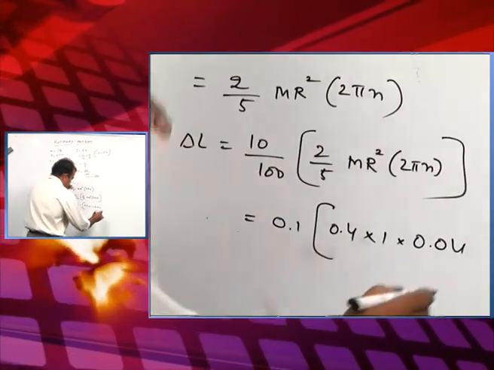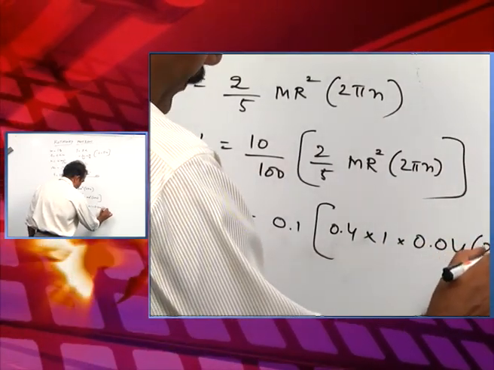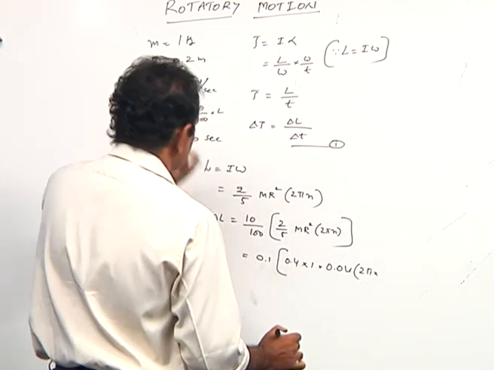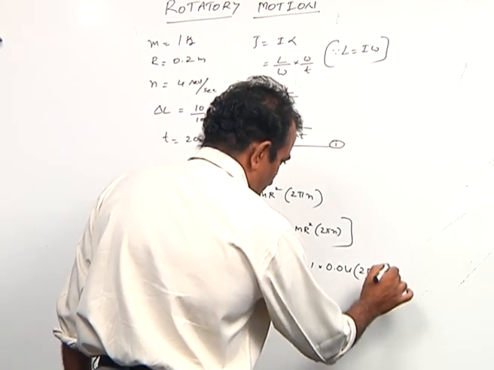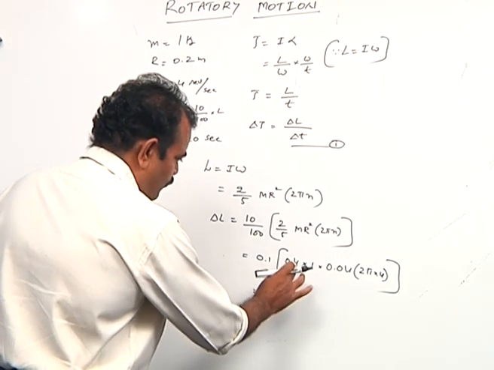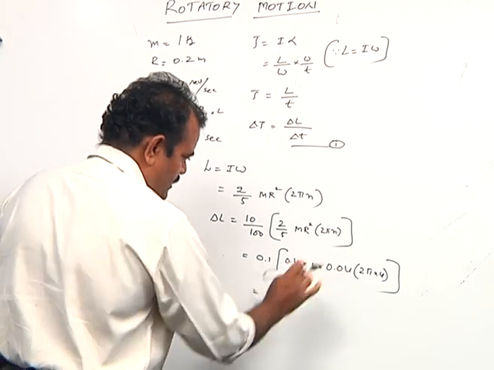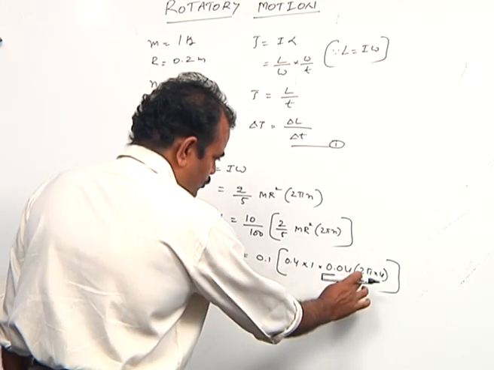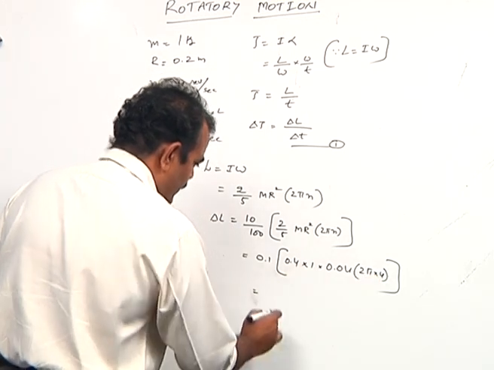so it becomes 0.04, and thereafter 2 pi n, where n is given as 4 revolutions per second, so 4 is also there. After solving, 4 and again 4 is 16, into 8, that becomes 128.